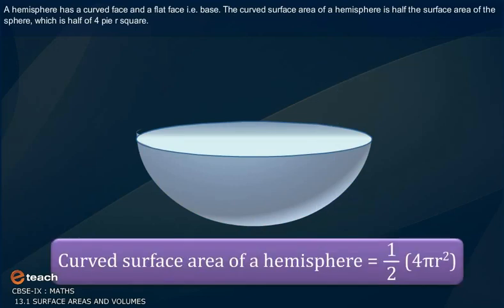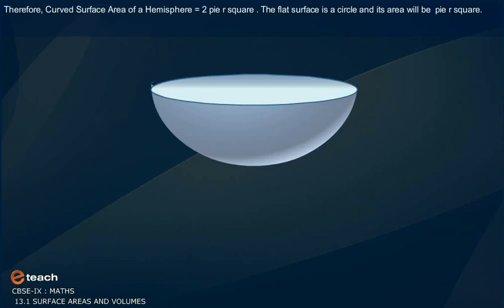The curved surface area of a hemisphere is half the surface area of the sphere, which is half of 4 pi r square. Therefore, the curved surface area of a hemisphere is equal to 2 pi r square. The flat surface is a circle and its area will be pi r square.